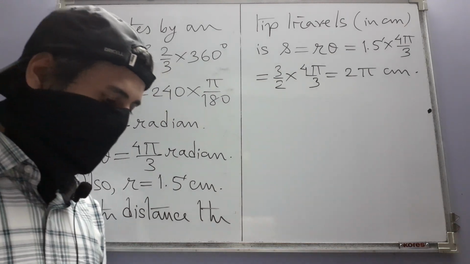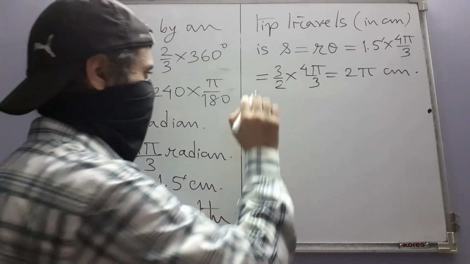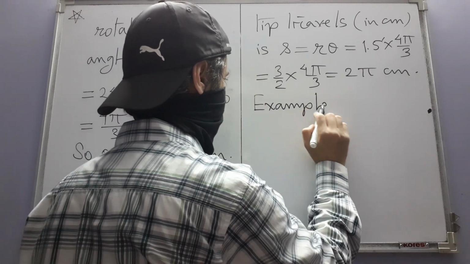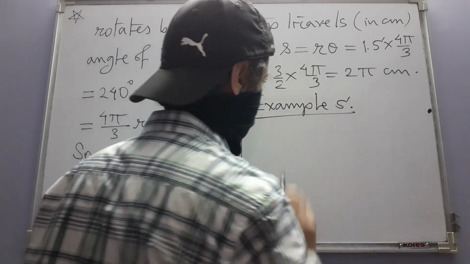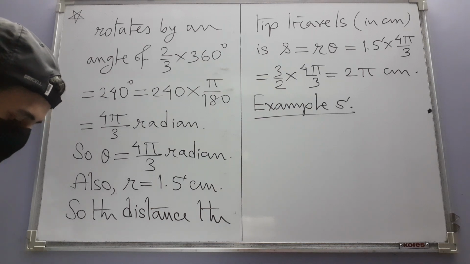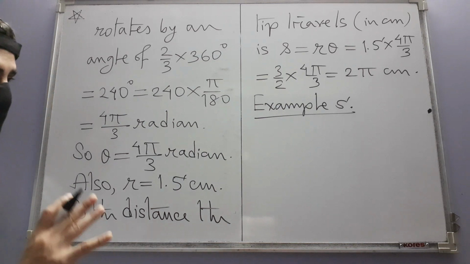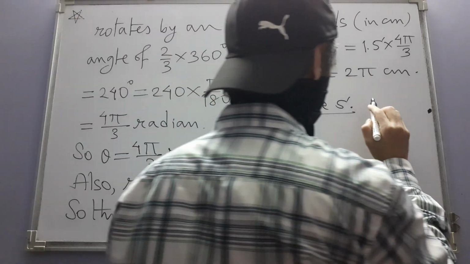And finally there is this fifth example. If two arcs of same length in two circles, so now we have two circles.